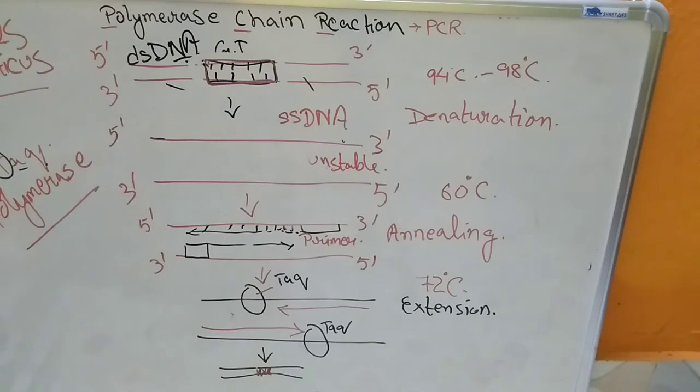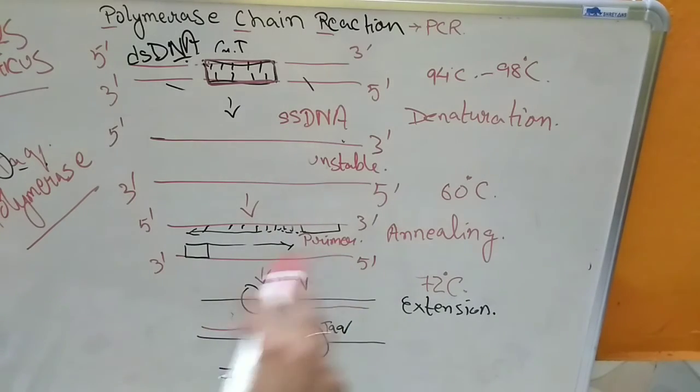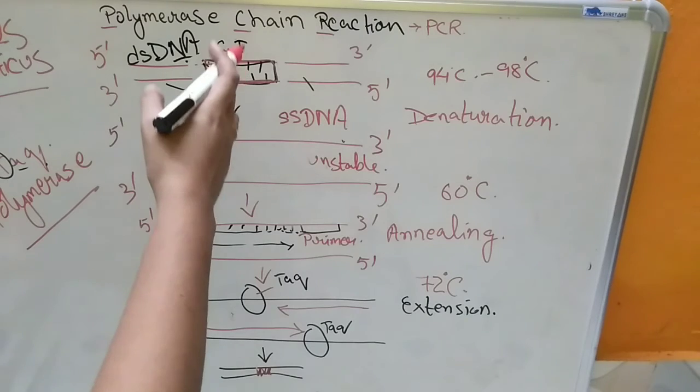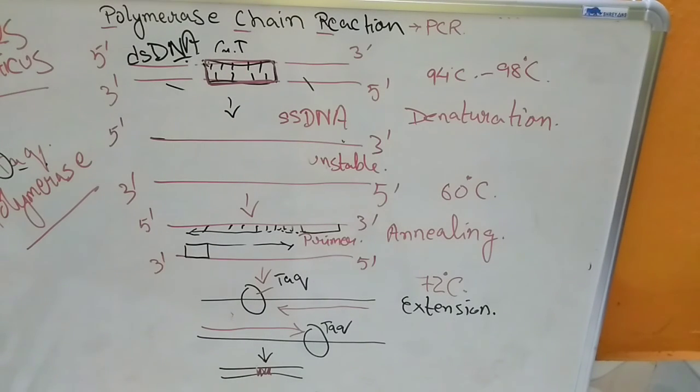If we repeat this cycle more times, obviously we can form a huge number of this gene of interest or the target DNA. So this is how we can make multiple copies of our target gene. PCR is a very important step in the field of biotechnology, by which we can make multiple copies of our gene of interest.